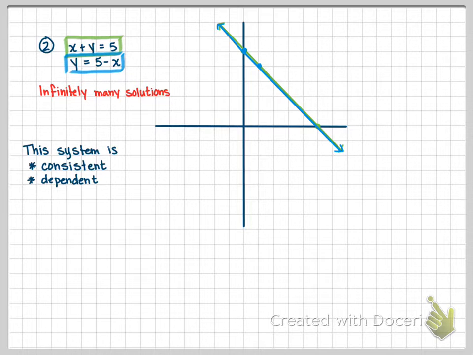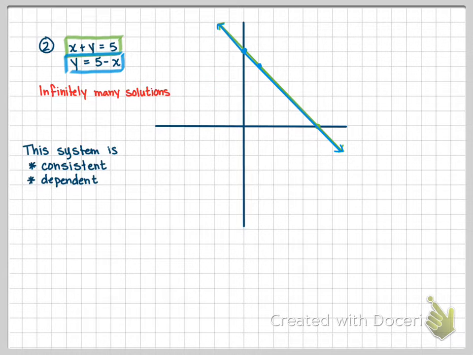We have to be a little bit careful about how we interpret infinitely many solutions, because the last time we had infinitely many solutions, it meant that all real numbers were solutions. Like everything was a solution. But if you look at the graph, we can see that every point isn't a solution. Only points on that line are solutions. So it's not like when we solved in a single variable and we got an infinite number of solutions and that meant you could pick anything and it would work. Because this point right here isn't a solution to either of those equations.